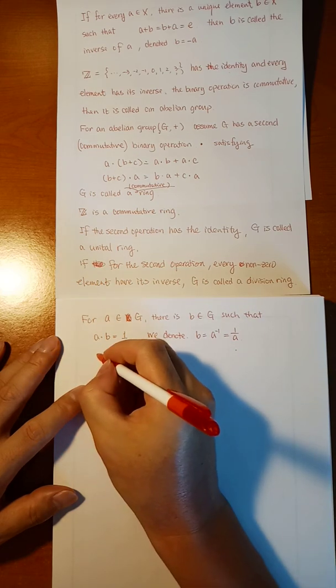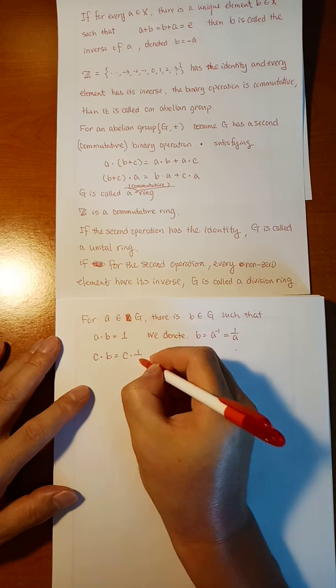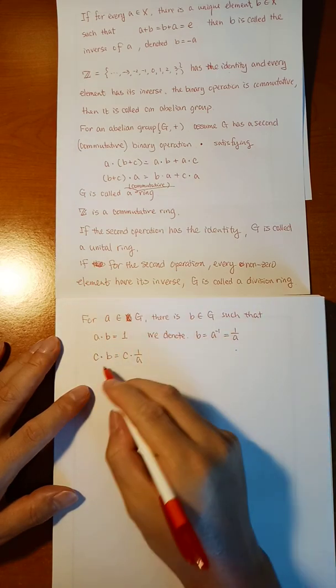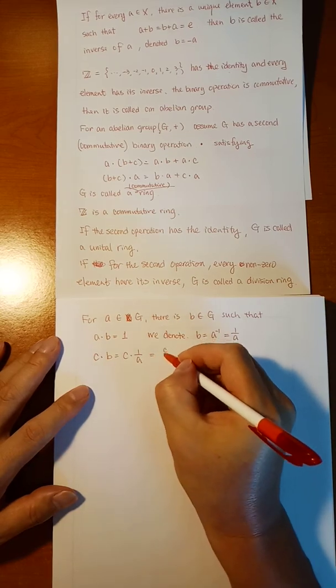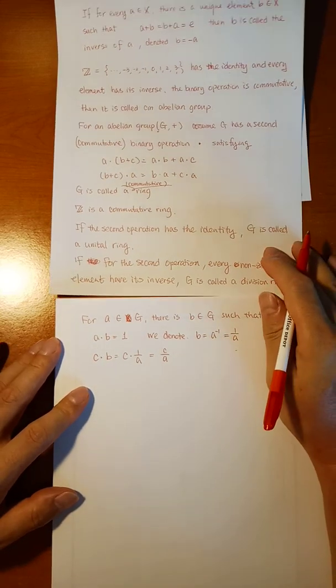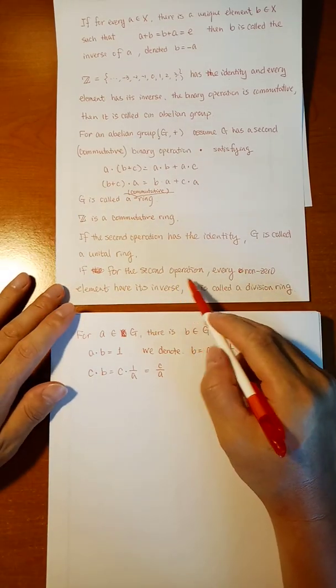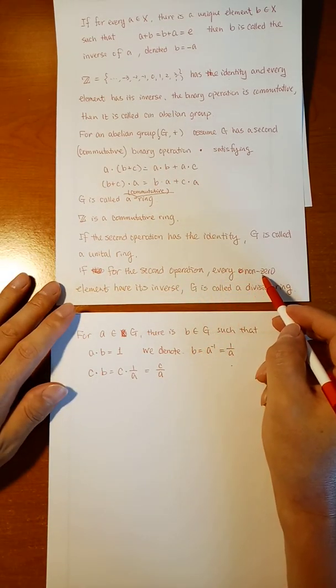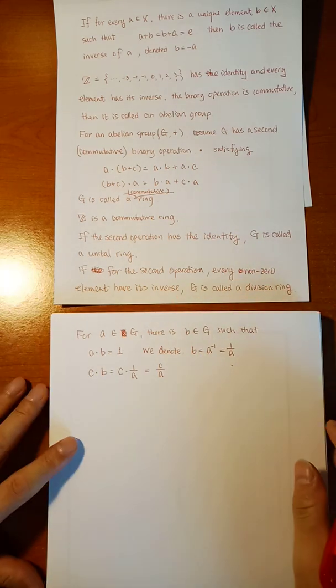So c times b looks like c times 1 over a, so it's like c over a. It's like division. That's why if the second binary operation has identity and inverse for each element, then it's called a division ring.